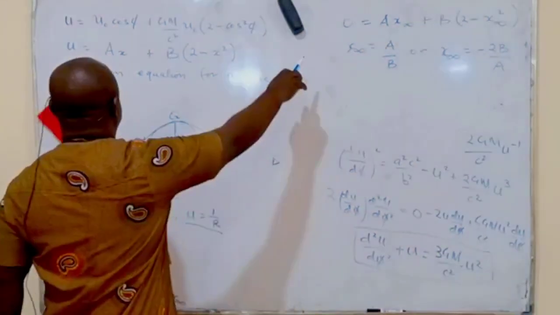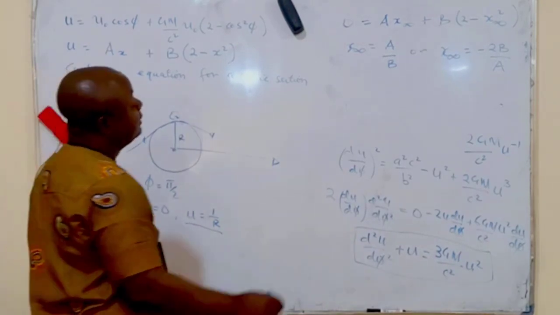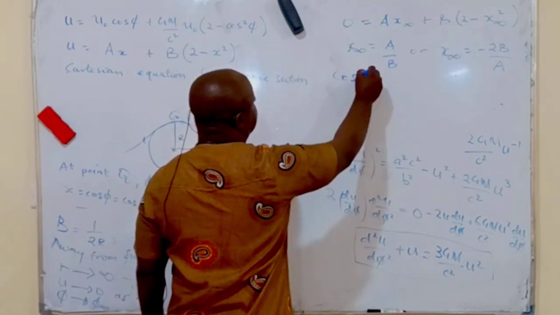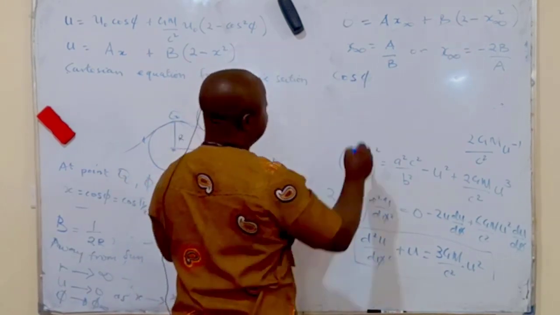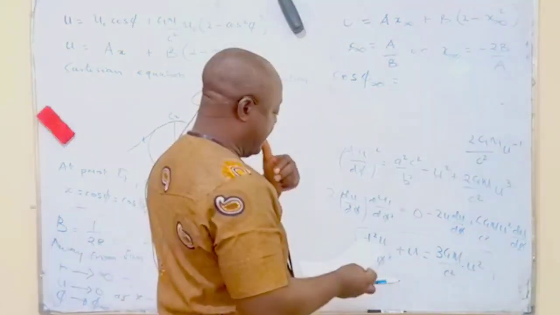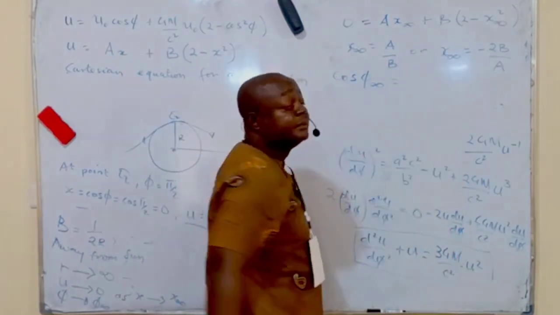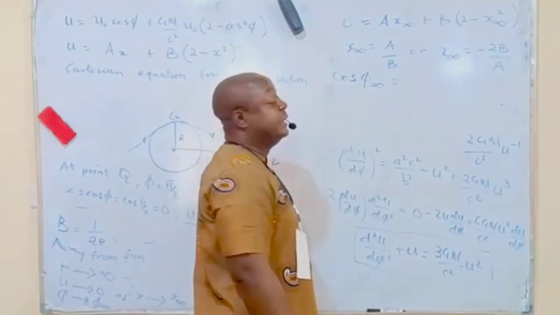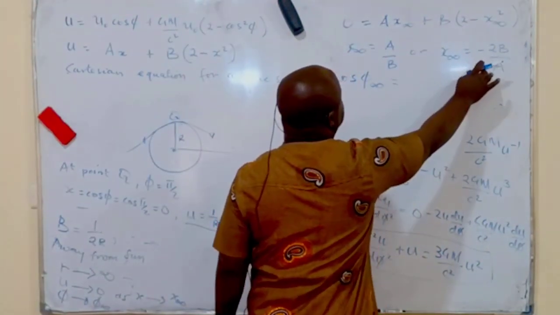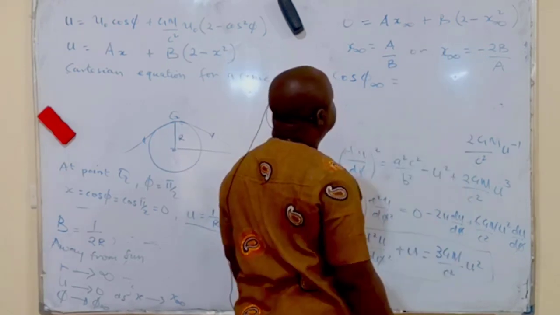So with those values of x, we can get our cos phi of infinity. And our cos phi of infinity, we can choose any of them. But this one, let's work with this one first and see.